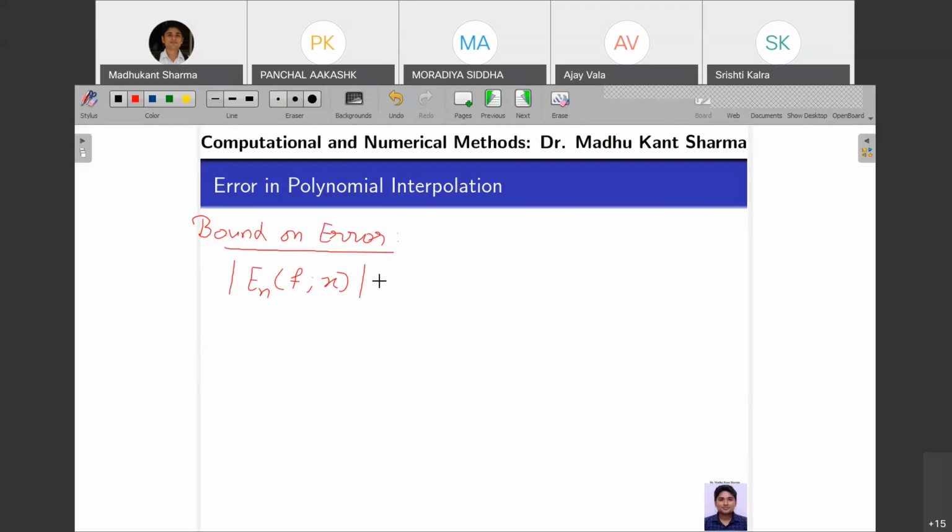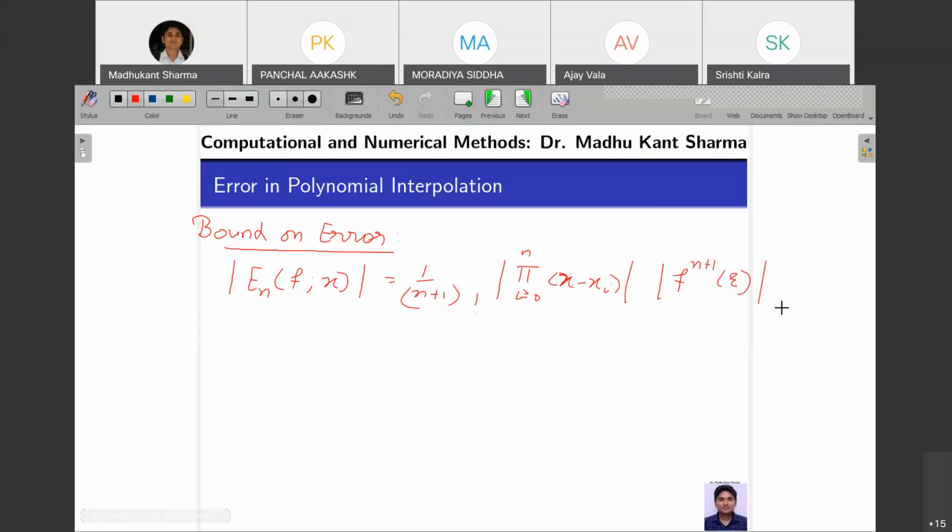That is 1 by n plus 1 factorial times the magnitude of the product of i equals 0 to n of x minus xi times the f n plus 1th derivative at z. Again I'm mentioning that x is an interior point of x naught to xn, not an exterior point. So we are doing interpolation, not extrapolation. This is the difference here.